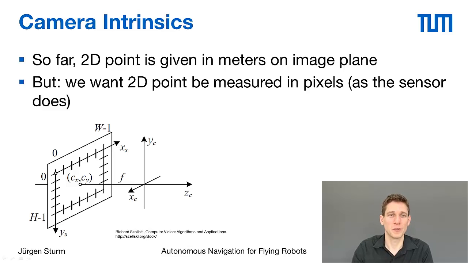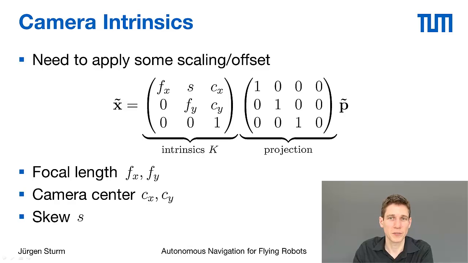But of course, what we need with digital cameras is the pixel position. So we need to convert this position in meters to a position in pixels. And for that, we need to apply some scaling and some offset. This matrix that does the scaling and offset is usually called the intrinsic matrix.